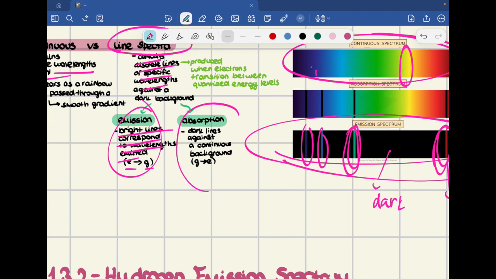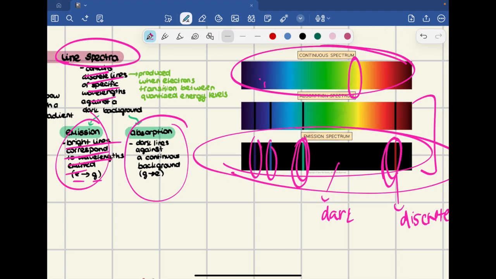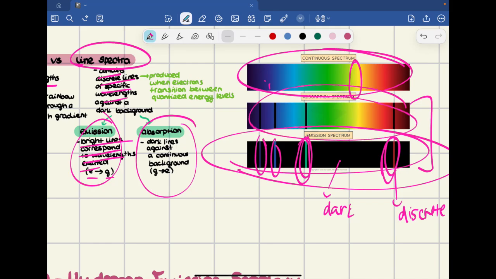But on the other hand, this is the absorption spectrum, and we can see that there are some dark lines against the continuous rainbow background. These specific dark lines are produced when electrons move from the ground state to the excited state.